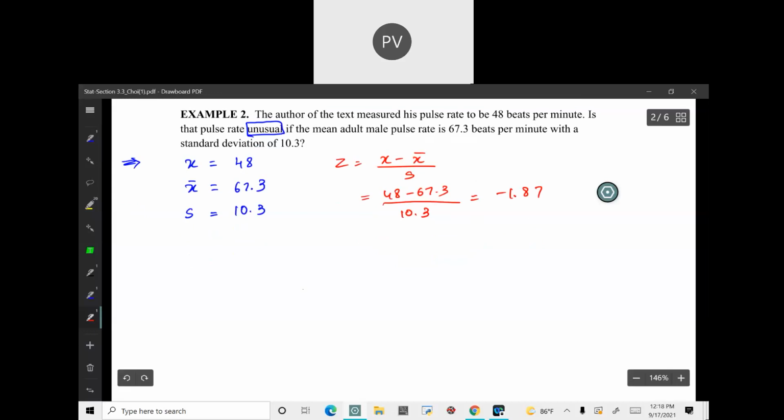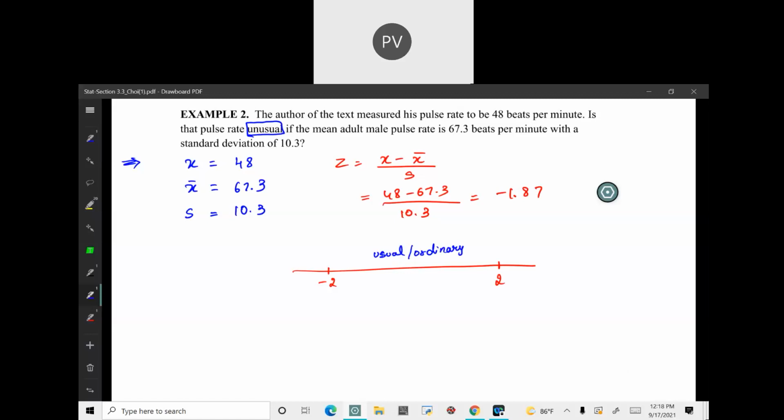And what is the range of z-score? It is between -2 to +2. So anything between this is called as usual or ordinary. Any values above that range or below that range is called as unusual.